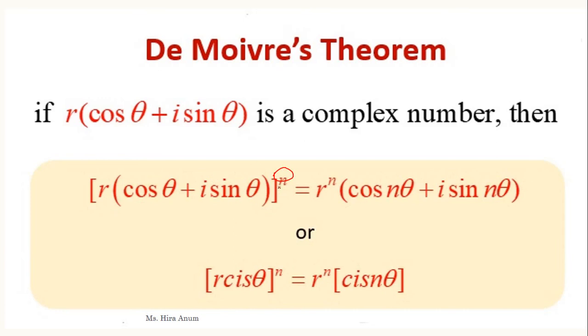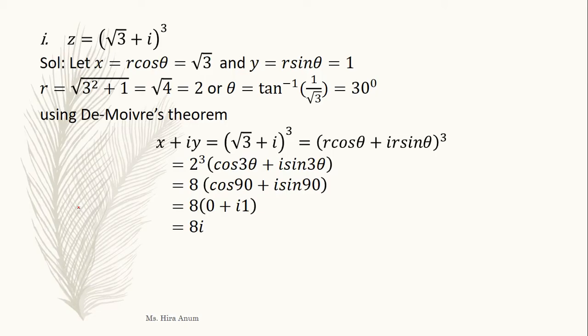You can easily put the power on r, since r is a real number, and multiply n with theta, so it becomes r to the power n, cos n theta plus iota sin n theta. You can also write this in the short form cis theta. Writing style is changed, but it is the same thing.